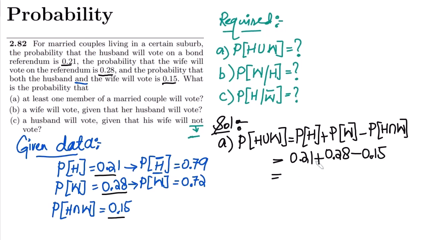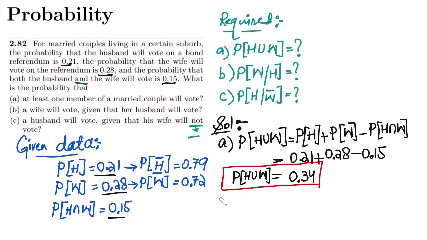Solving it, 0.28 minus 0.15 is 0.13, and 0.13 plus 0.21 is 0.34. This is the probability that the husband or wife or both of them will vote, or any one of them will vote. That is what we wanted to find out.